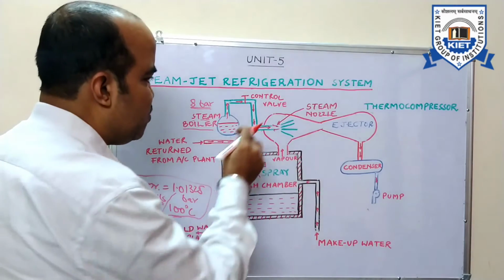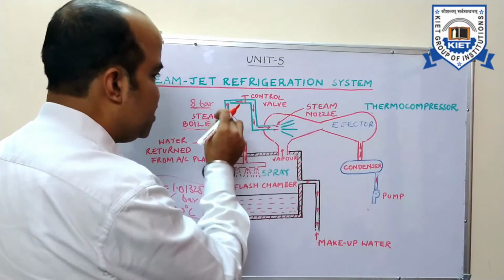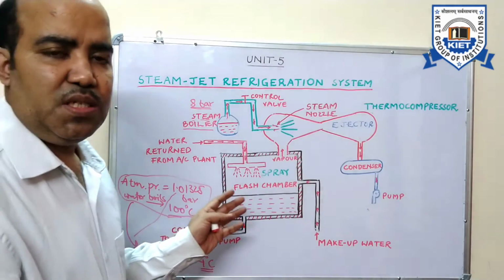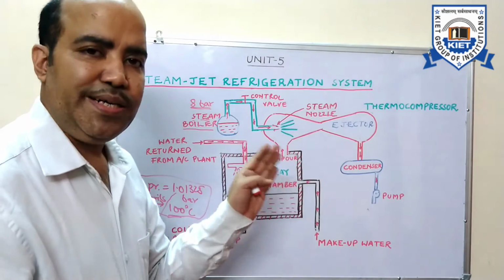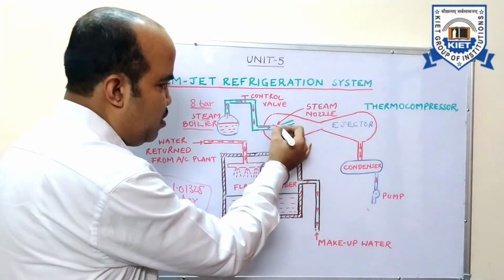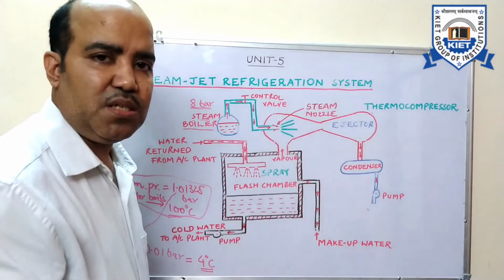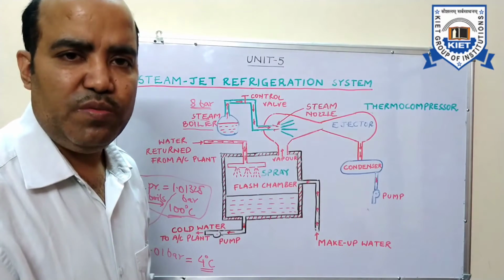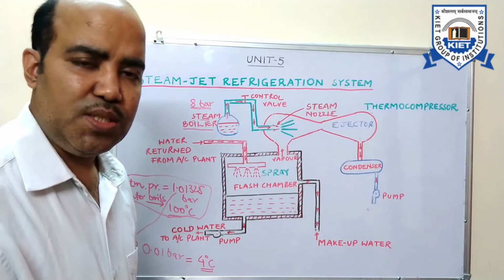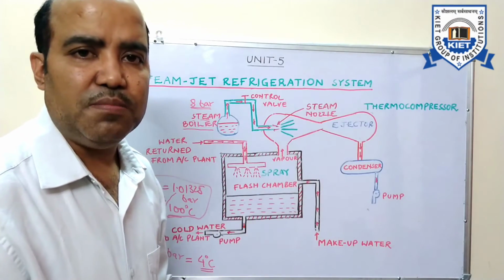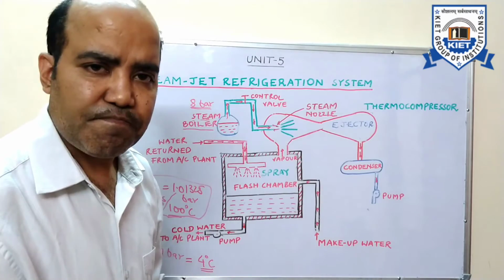With the help of this nozzle, the pressure energy of the steam is converted into kinetic energy. At the exit of this nozzle, the pressure of the steam reduces to a very low value, and consequently the velocity of the steam becomes very high.